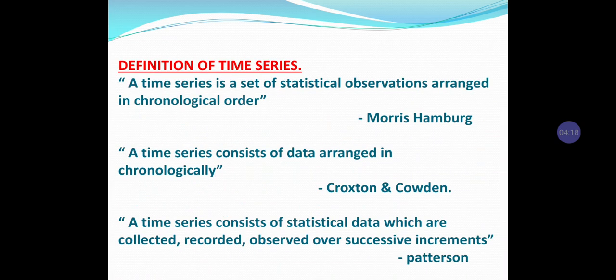Next, definition of time series. A time series is a set of statistical observations arranged in chronological order. So chronological order means the day to day activity, whatever has been done. That is given by Moses Humber. Next, a time series consists of data arranged chronologically. The same thing has been given by Croxton and Cowden.